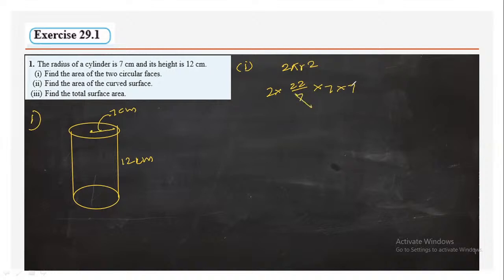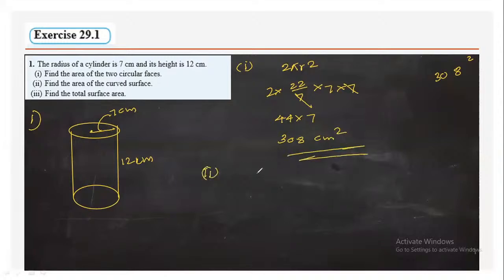Cancel out this 7 to this 7. 44 into 7. Right? 7 times 4, 28, 2 remaining. 7 times 4, 28 and 2, 30. 308 square centimeters.